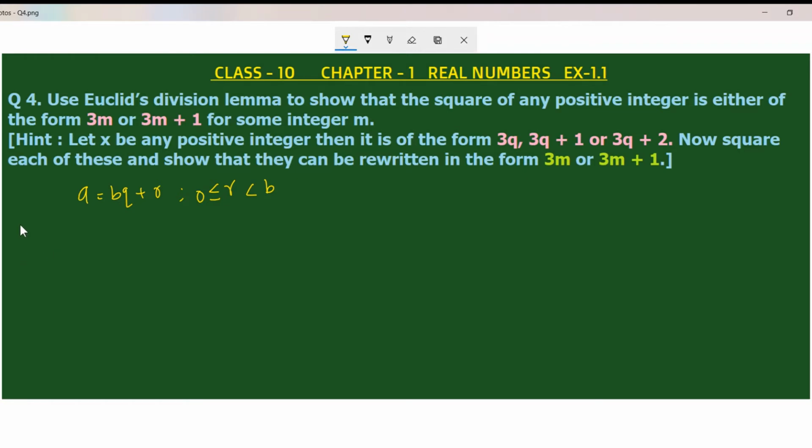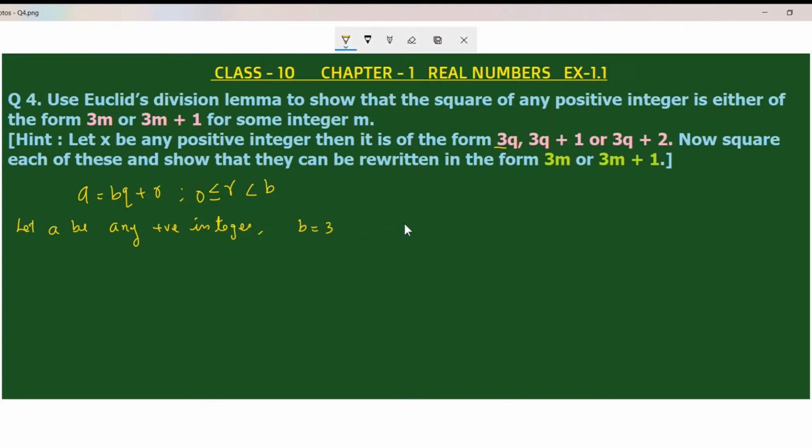So let a be any positive integer. Here they haven't given odd or even. It can be an even number or an odd number, but it is a positive integer. Let a be any positive integer and b equals 3.